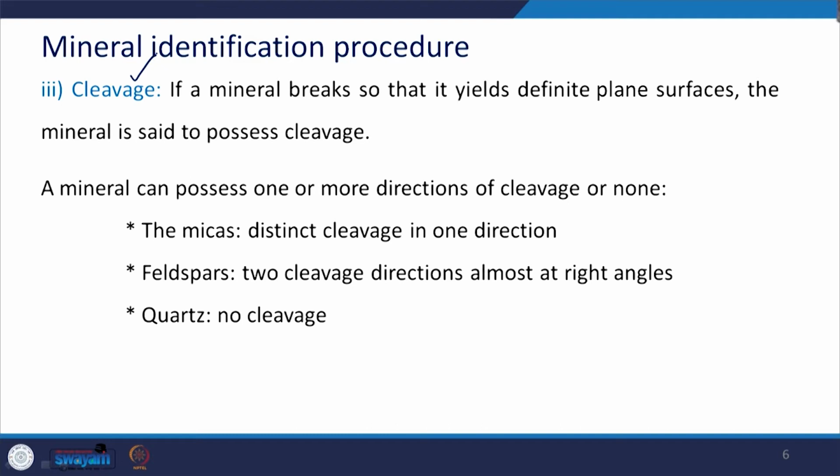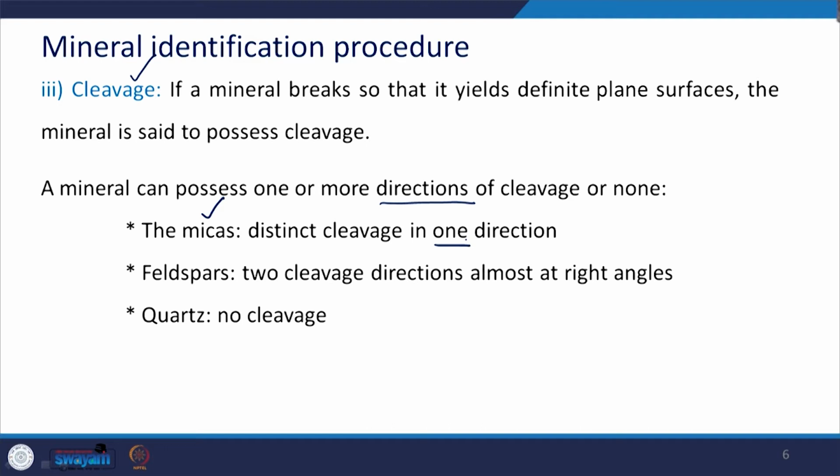If it is more, then accordingly we can differentiate from one mineral to other on the basis of this procedure. The mineral can possess one or more directions, okay, or there may be none. For example, the micas, they have distinct cleavage in one direction only.